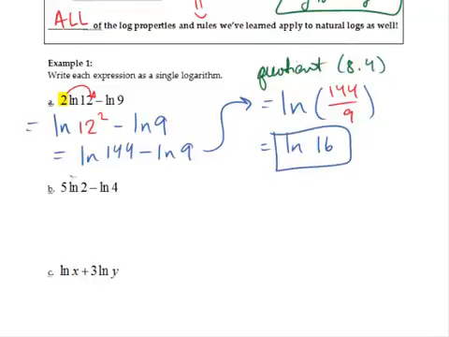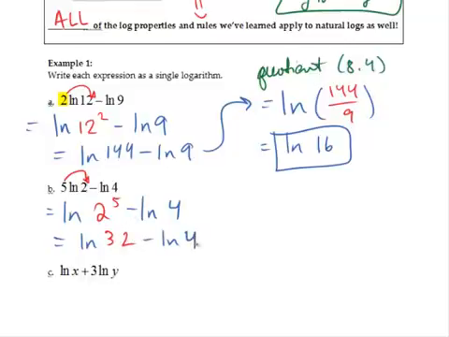All right, here's another one that has a power. Move the 5 onto the 2. So this is ln of 2 to the 5th minus ln 4. So this is ln 32, excuse me. So this is ln 32 minus ln 4.